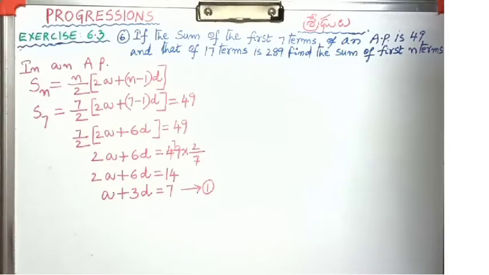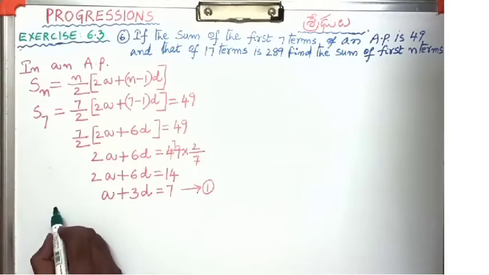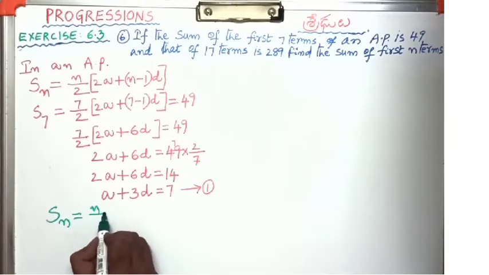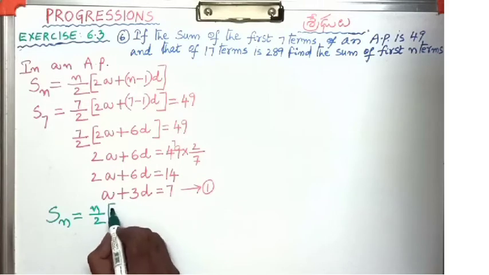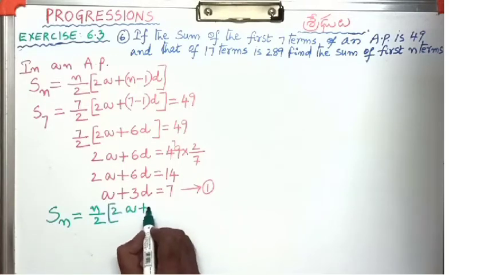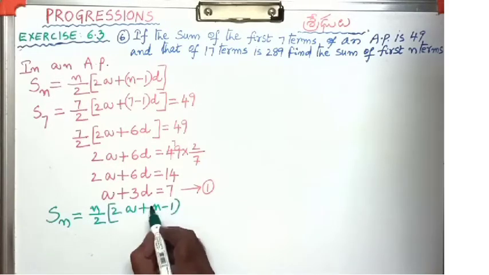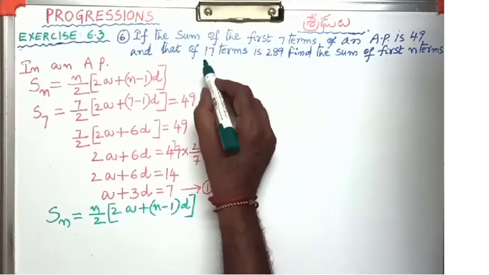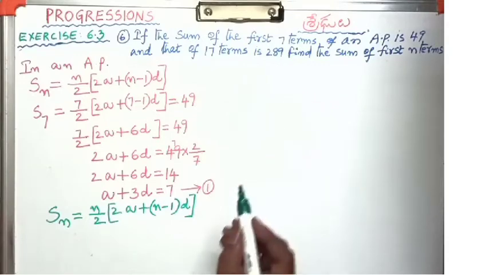And in the same way, please find another. Next again write once again what is Sn? Sn is equal to n by 2 into 2a plus n minus 1 into d. Okay, now what is given? 17 terms is 289 అన్నాడు.